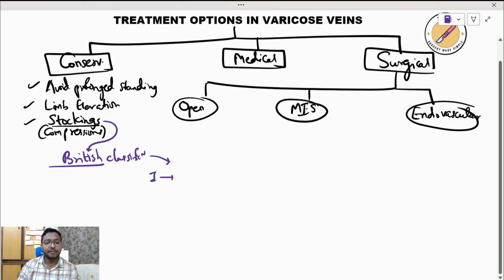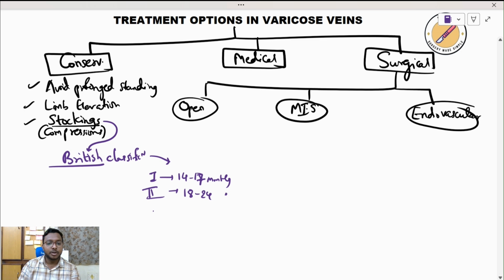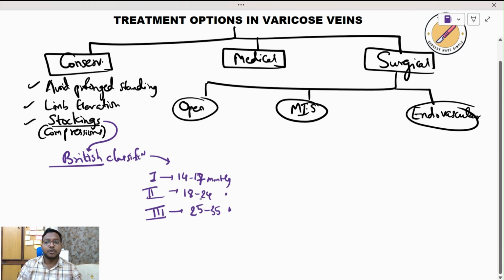Class 1 is 14 to 17 mmHg. Next one is 18 to 24 mmHg. Class 3 is 25 to 35 mmHg. So this is the classification of compression stockings.